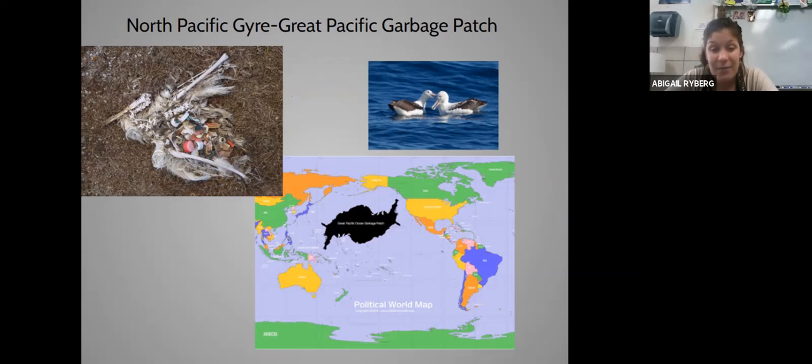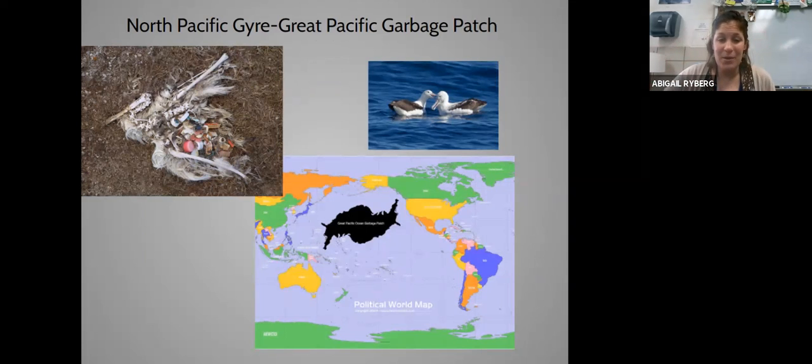Now there's lots of these floating masses of garbage, but this is the North Pacific Gyre, the Great Pacific Garbage Patch. It's basically here in the Pacific Ocean, this massive, massive collection of trash that's just floating, and it's just getting bigger because no one's claiming responsibility.